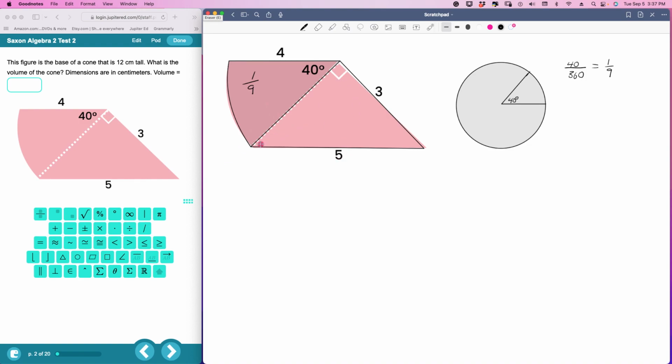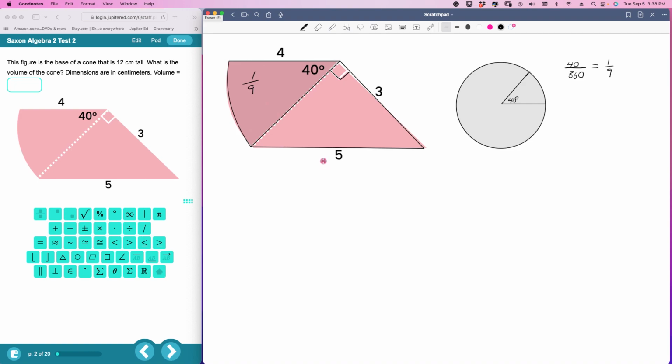And we need to figure out what the dimensions of this triangle are. We can't use 5 because it's a base, not a height. And we can't use this as a height because it's a slopey side. But this is a 90-degree angle, which means that this is a hypotenuse, so we don't want to use the hypotenuse side anyway.